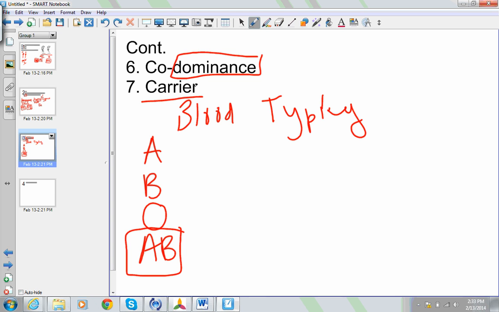Then we have carrier, which is another term we've learned about. Someone who's a carrier has an allele that is not actually expressed in their phenotype. So, for example, maybe you have attached earlobes, which are recessive. So your genotype would look like this. Well, maybe both of your parents have detached earlobes, which means that they must each look like this when we look at their genotype.